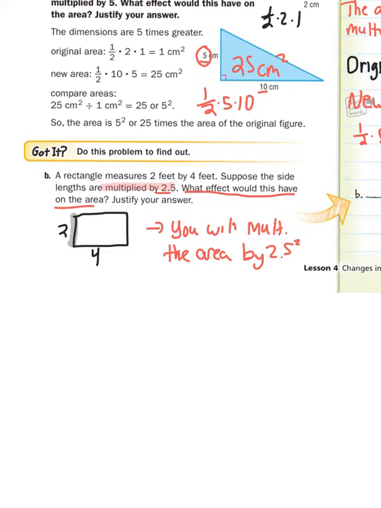So that's our prediction. Now, step 2 says justify your answer. So here's what we're going to do first. First, you are going to find the original area. Remember, it's a rectangle, so you just need to do length times width. Then you are going to use this rule to make your prediction and come up with the new area.